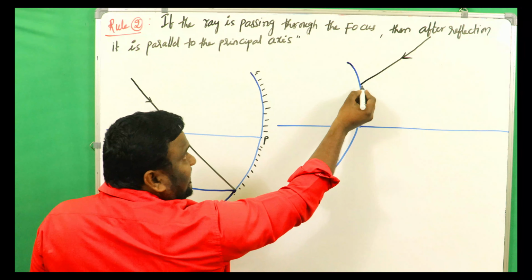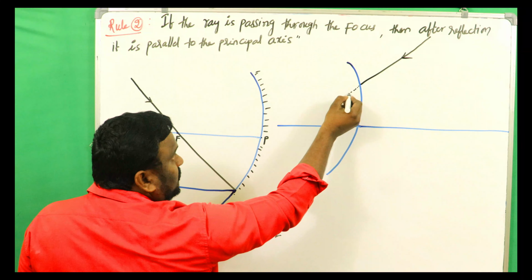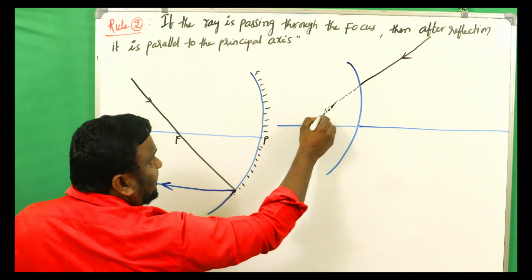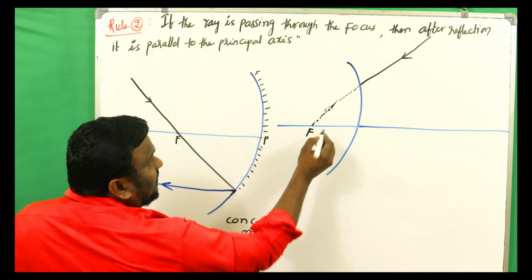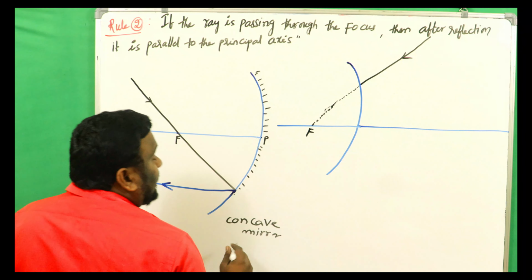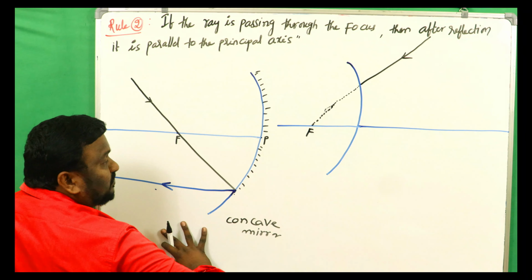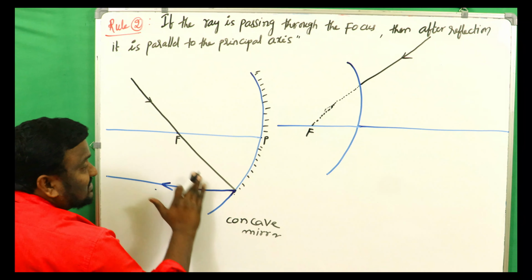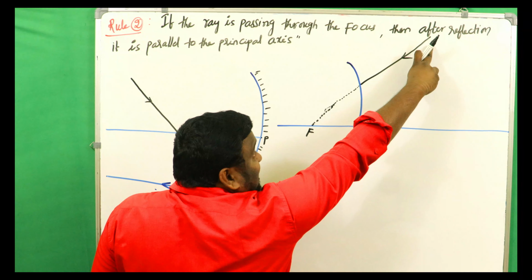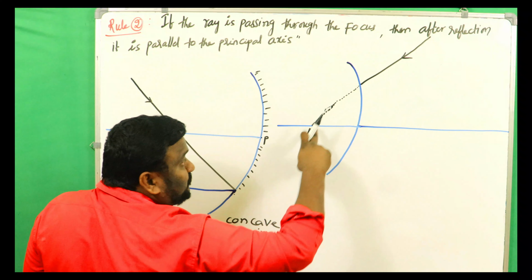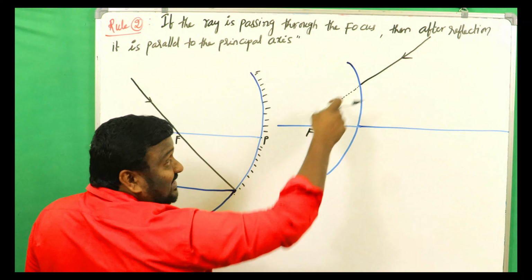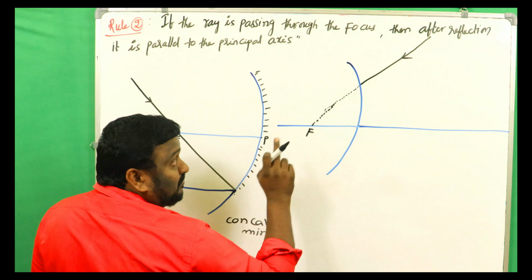So the incident ray is coming towards the focus. In the case of the concave mirror, what did I say? The ray passes through the focus. Now in this case the incident ray is coming towards the focus; it is not directly passing through the focus. You have to remember that.